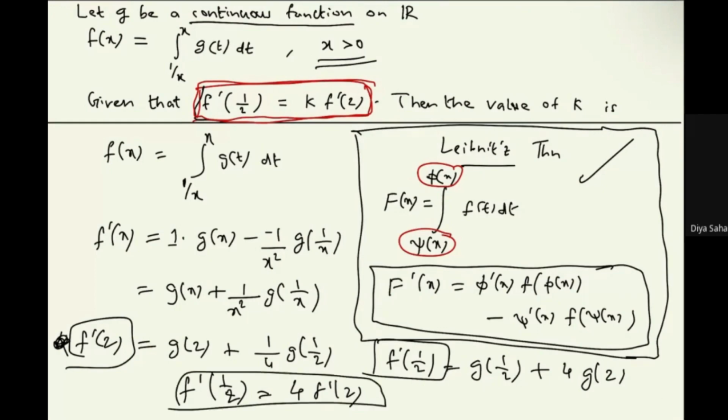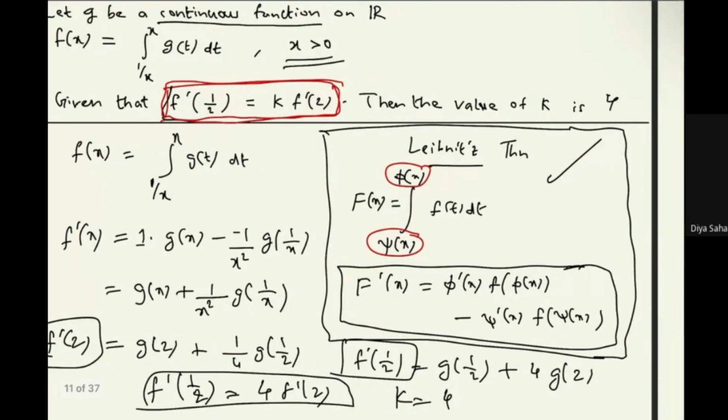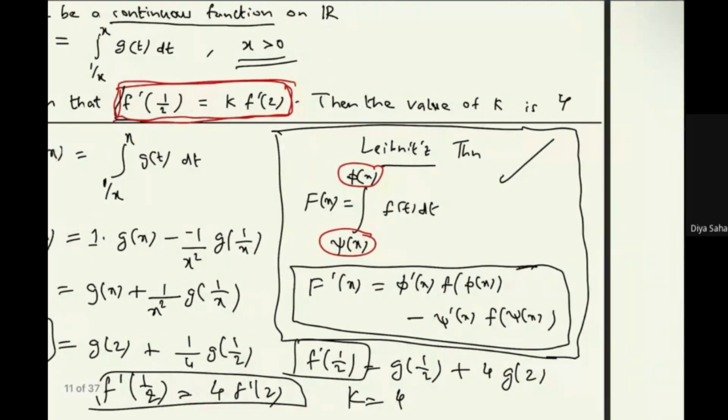So the required value is 4. The rest of the problem you can do, but the result you need to know here is this Leibniz theorem. Can I move to the other problem? I think yes.